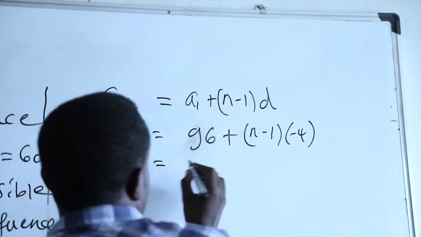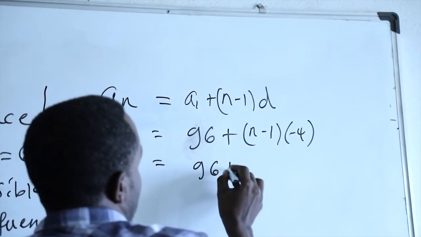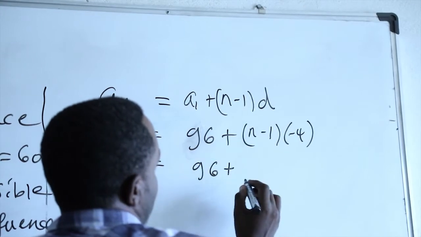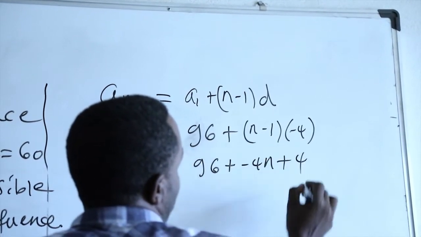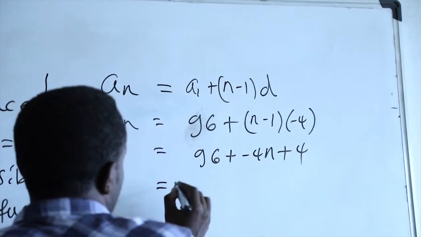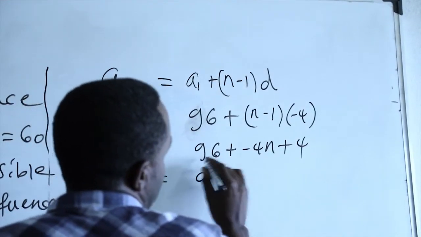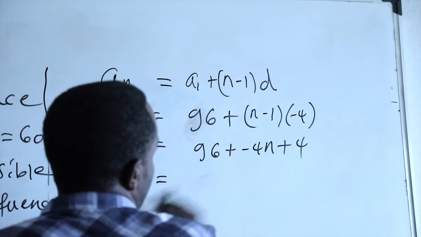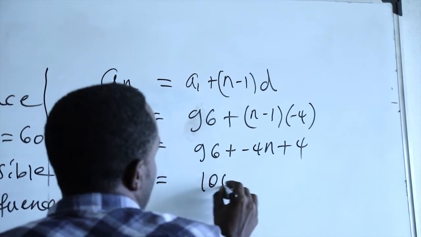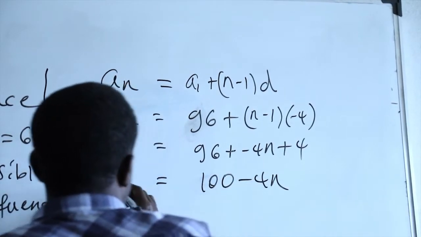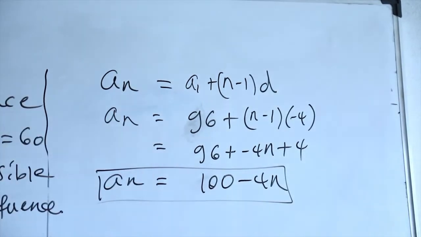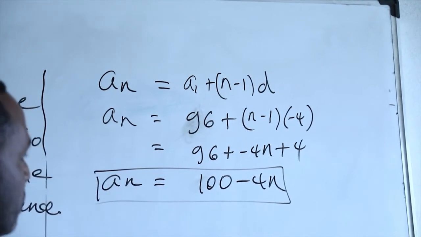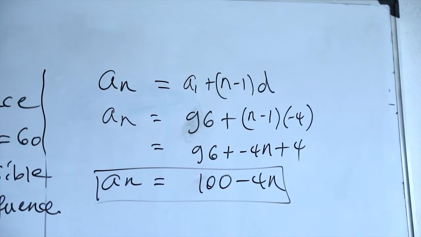When you multiply, 96 plus minus 4 times minus 1 gives minus 4n plus 4. So 96 plus 4 equals 100 minus 4n. This is AN. So the general formula for the nth term of this sequence is 100 minus 4n.